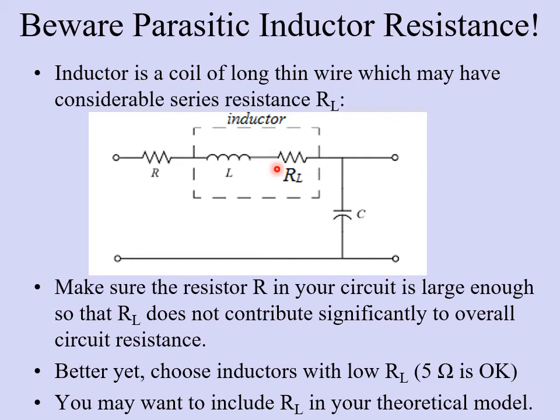So there's a couple of tricks here. One is to make sure the resistor in your circuit is a lot larger than this parasitic resistance. The inductors in your kit are going to have relatively low parasitic resistance, somewhere between 5 and 10 ohms, which is pretty decent, and that won't affect your filter's performance that much.